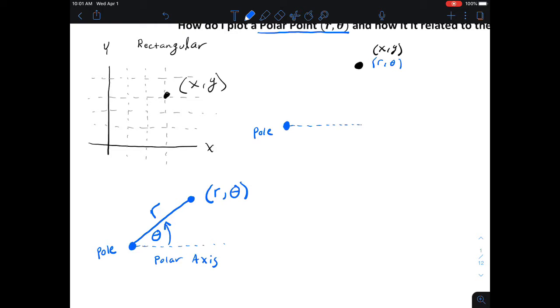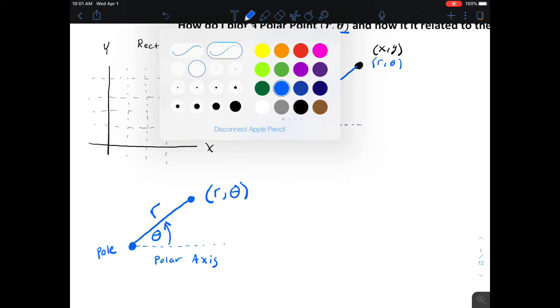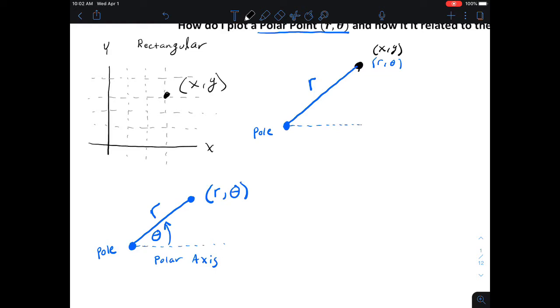So they land in the same spot. Now, the distance from the pole to that point in terms of the polar coordinate system would be equivalent to r. In the rectangular coordinate system, if I bring a vertical line down to the polar axis, I form this 90 degrees, and the rectangular coordinate system tells me that the horizontal part is equal to x and the vertical part is equal to y.